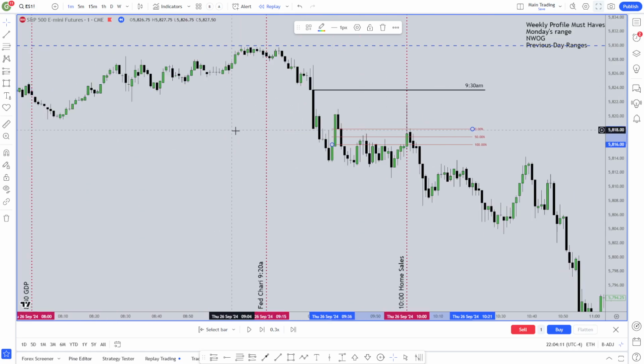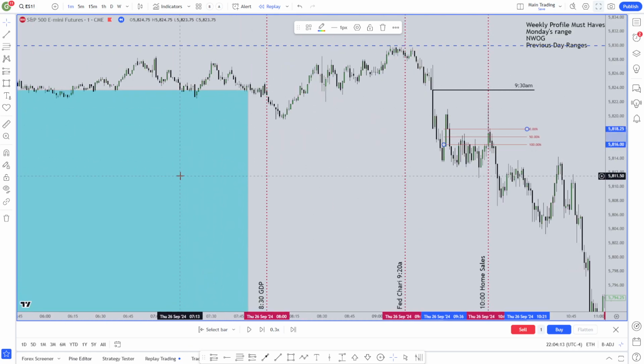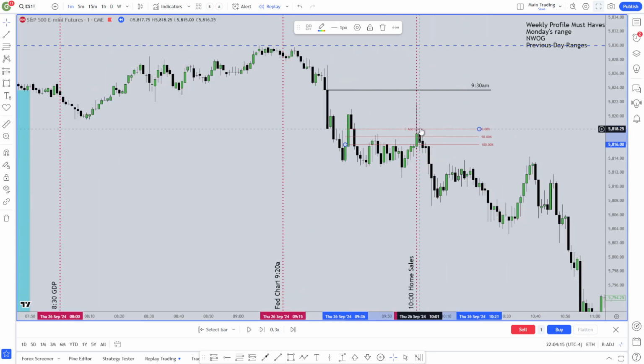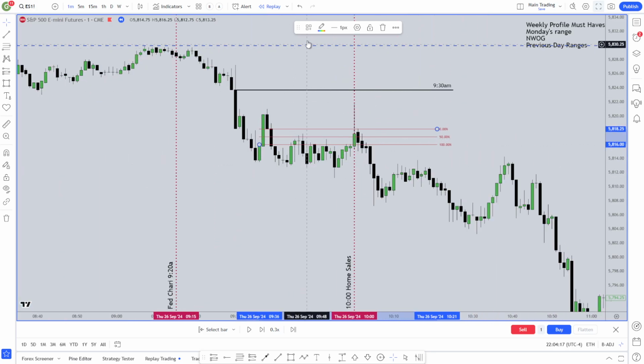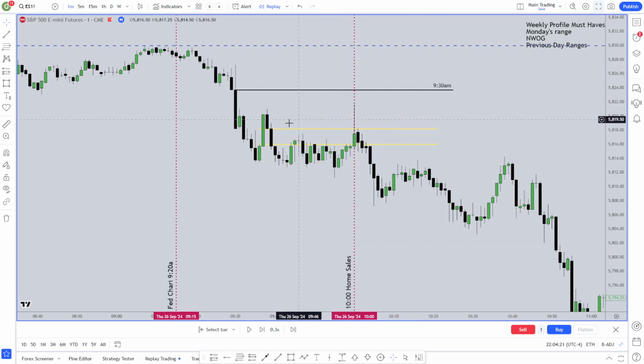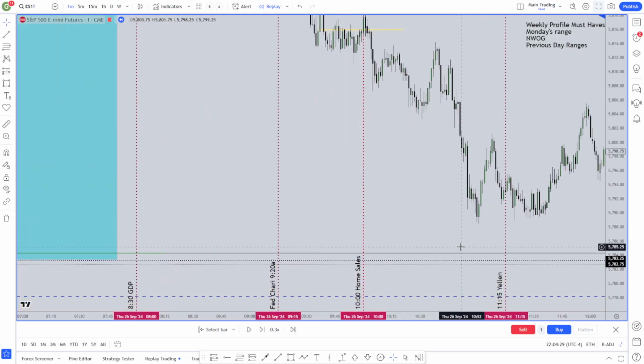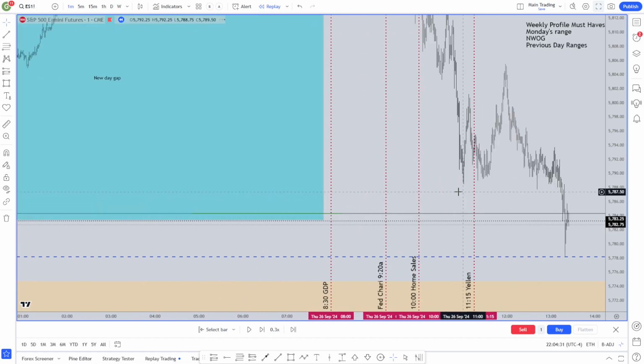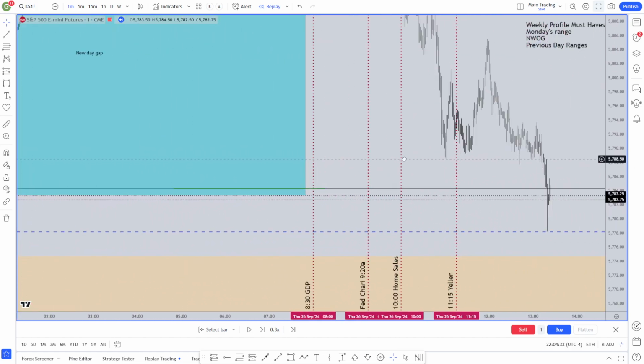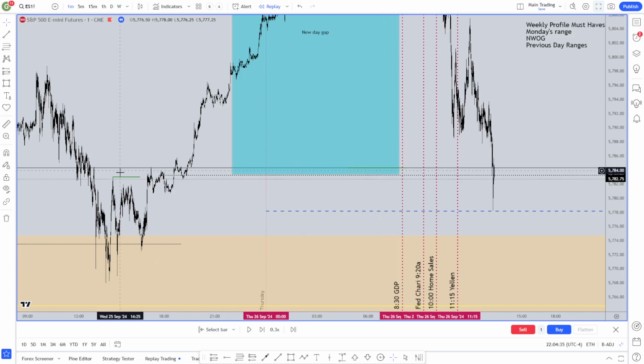So understanding that we're trying to get down through this new day opening gap and allowing the news to play out, when first presentation happens here, we are expecting it to be bearish until Monday's range high, to be specific. So this gray line, this Monday range high level here.